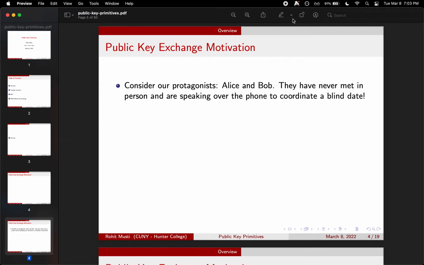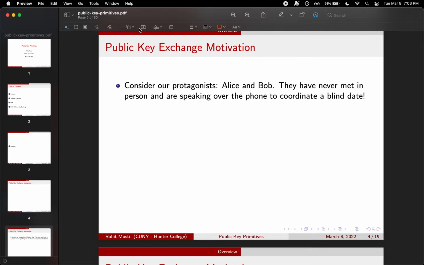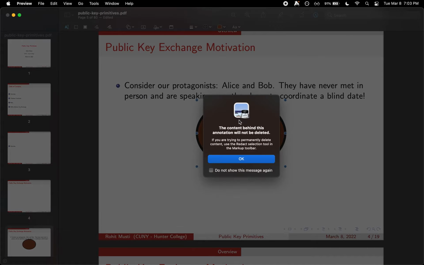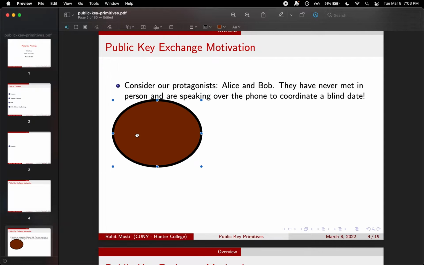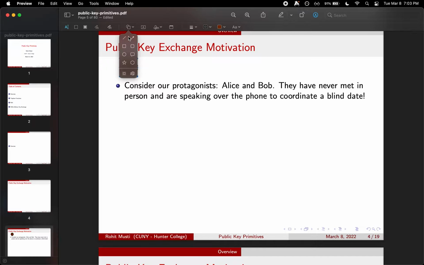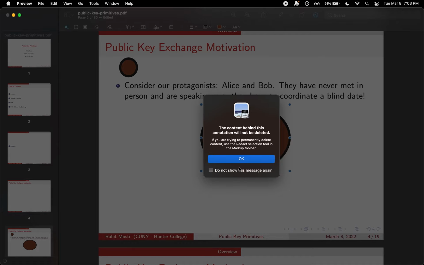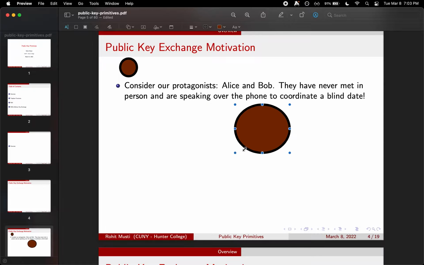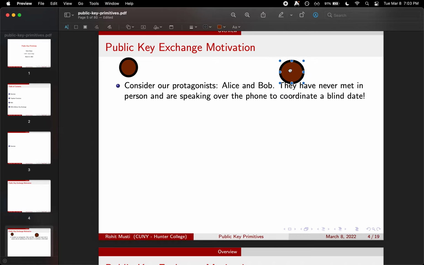I'm going to go ahead and add some color to the screen to represent Alice and Bob. So here is a bubble representing Alice, and here's a separate bubble representing Bob.